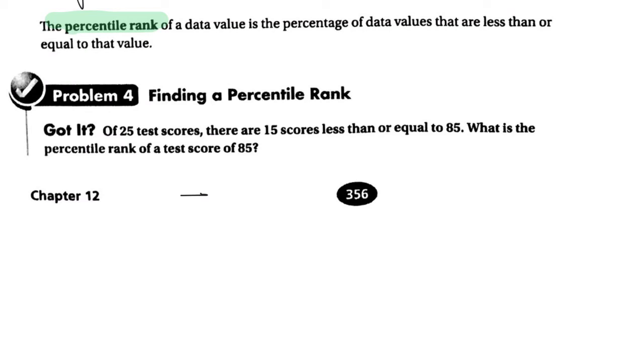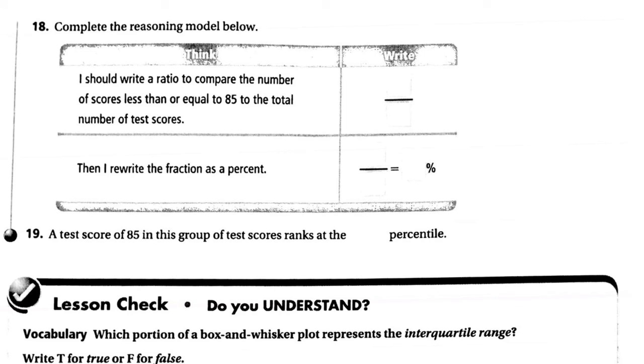So if we look, we have our question number 4 here. It says, of 25 test scores, there are 15 scores less than or equal to 85. What is the percentile rank of a test score of 85? So this data chart here will help us reason what the percentile rank is.